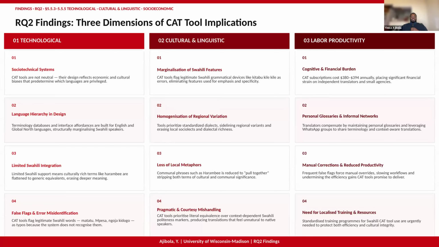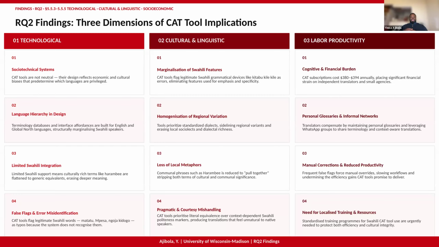Moving on to the cultural aspect of things, there is a loss of cultural and linguistic meaning. CAT tools are designed primarily to prioritize direct equivalency. Again, when you're looking at the structure of English and Swahili, it's not direct. You cannot directly translate them because they do have their own structures as well.